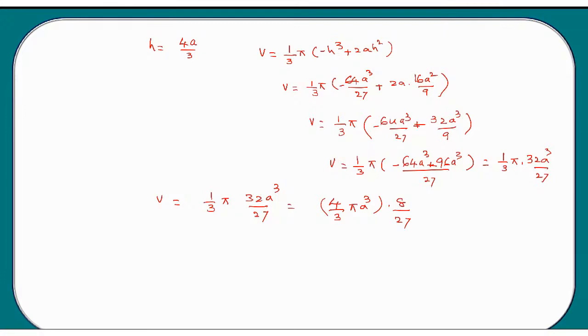So 8 fours are 32, pi a cube by 27 into 3. So that means 4 by 3 pi a cube is nothing but the volume of the sphere. So now the volume of the cone we have written as 8 by 27 times the volume of the sphere.